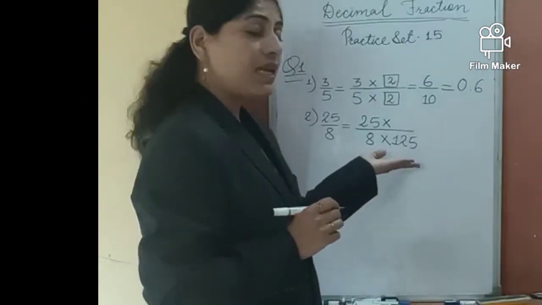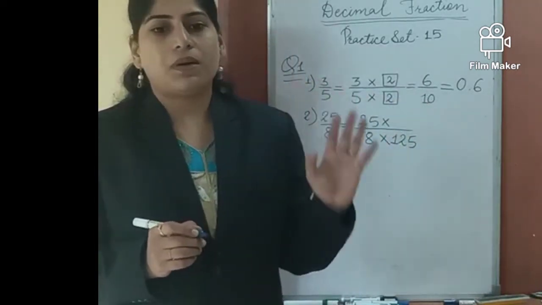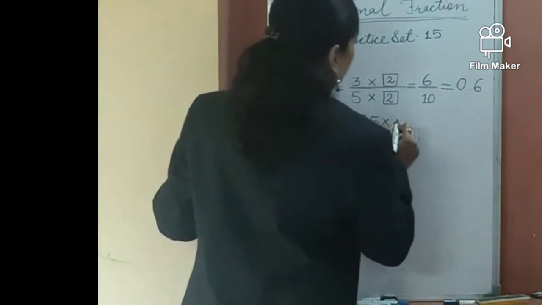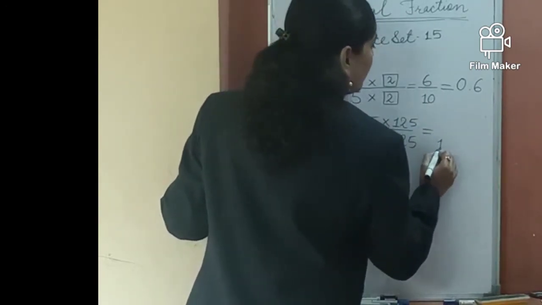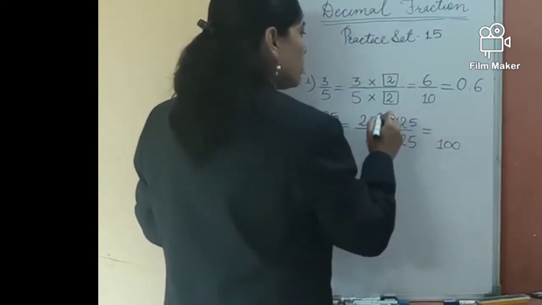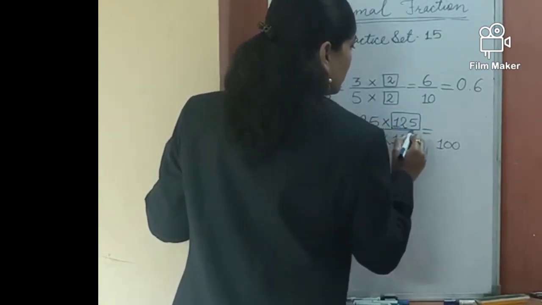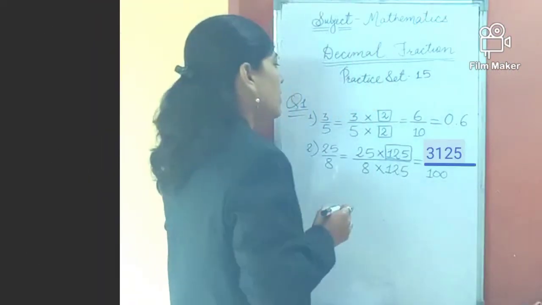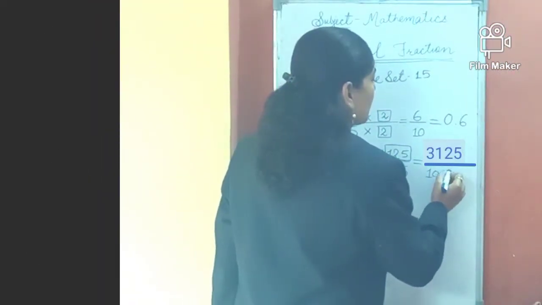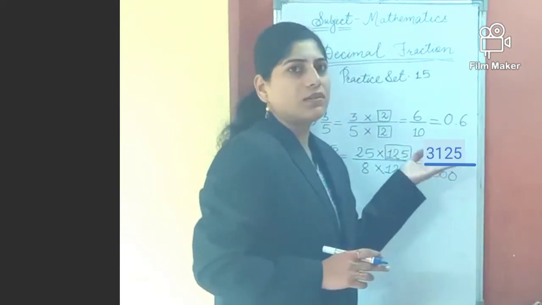So means with the same number we will multiply by the denominator as per the rule. Here 1000 already given. I'll make the box over here. Okay. So let us multiply children, here the answer is 3125 upon 1000. Okay, what will do here?